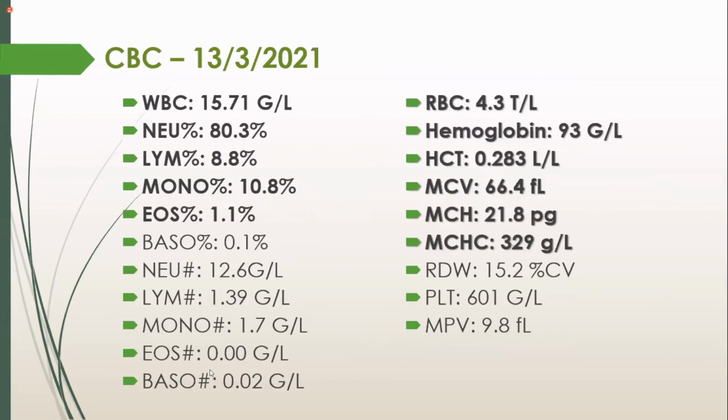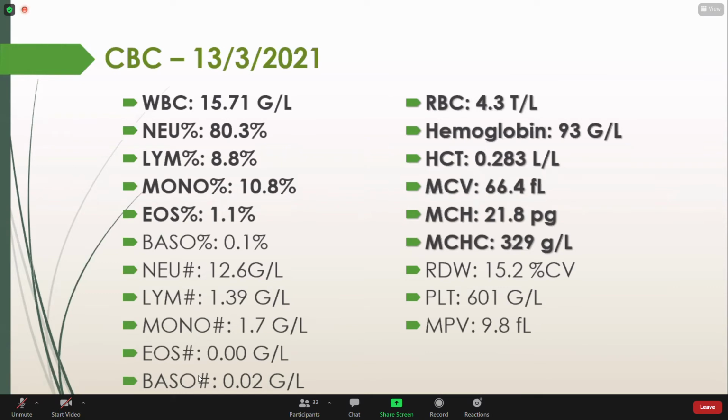On the first day she arrived, she had high white blood cells, and neutrophils were higher than the others. So she has sepsis here. Also, she has really low red blood cells, and also hemoglobin and HCT.